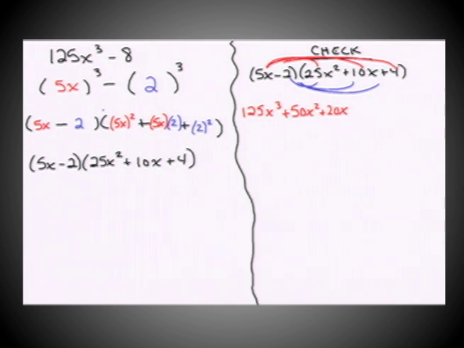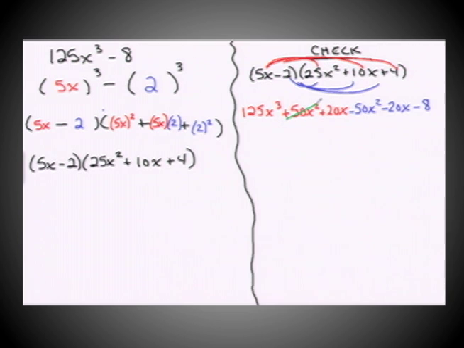So negative 2 times 25x squared is negative 50x squared. Negative 2 times positive 10x is negative 20x. And negative 2 times positive 4 is negative 8. We come back and combine our like terms, and we see we actually have, once again, two pairs of opposite terms.